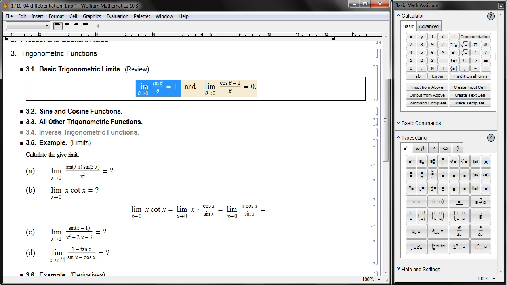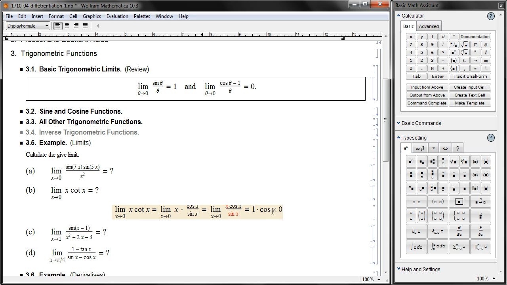The red part is going to 1. So this is 1 times cosine of 0. Cosine of 0 is 1.